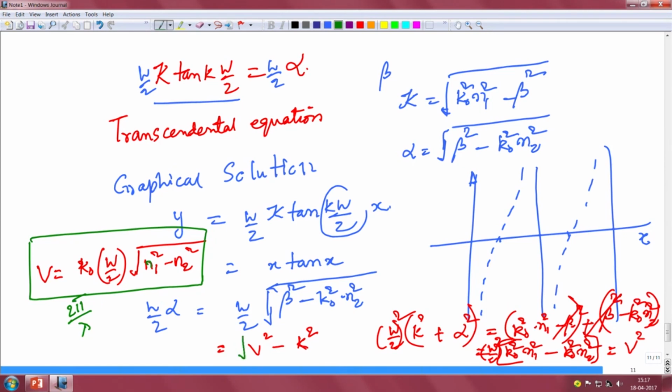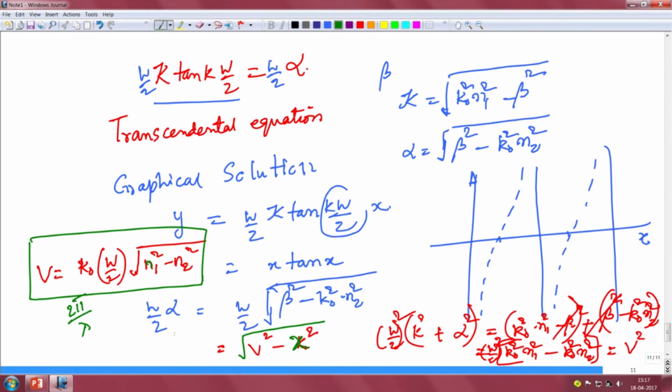So, the constant alpha, if we represent k w by 2 as x, we can say this is equal to square root of v square minus x square.